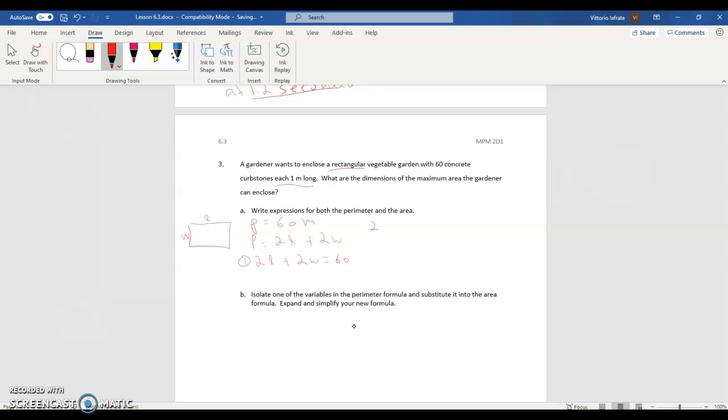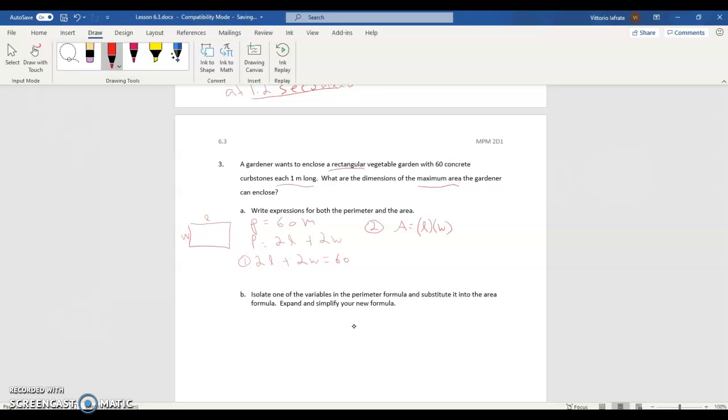And equation 2 will be our area equation. Area is equal to length times width. We are looking for the maximum area that the garden can enclose. So what we're going to do is isolate one of the variables, either L or W, it doesn't really matter.